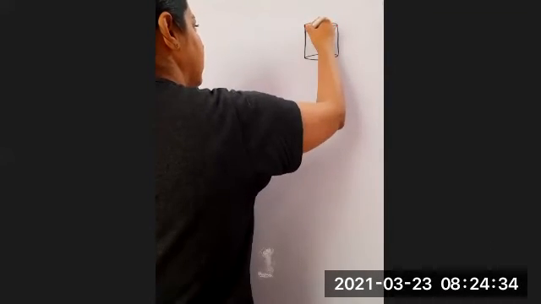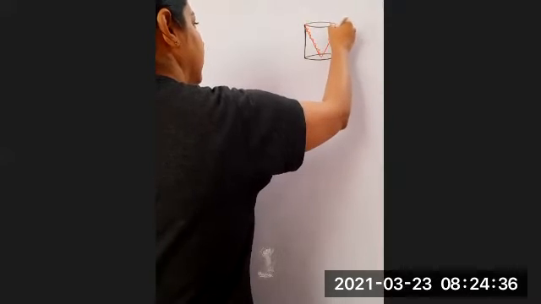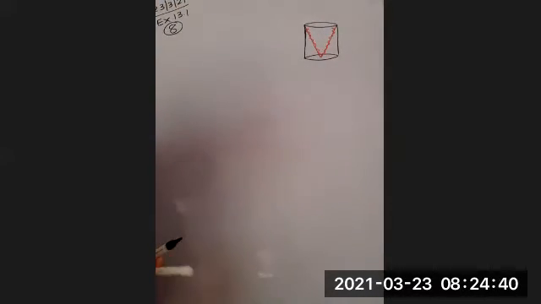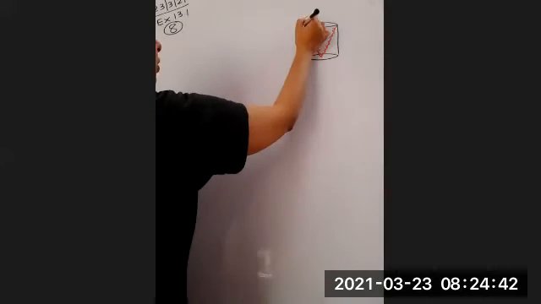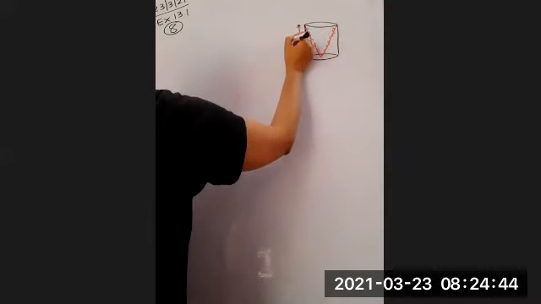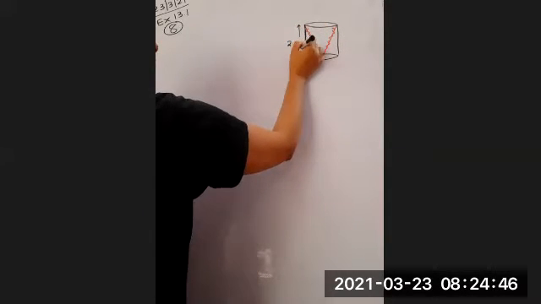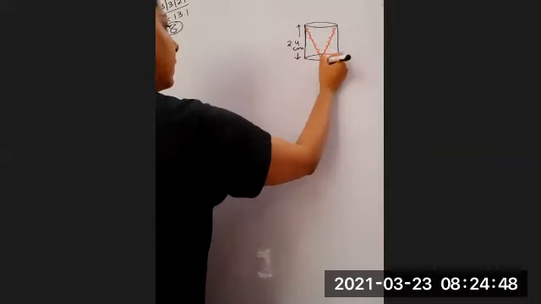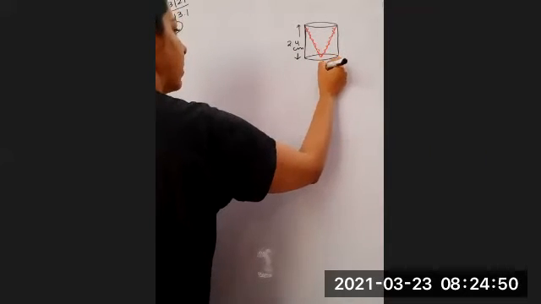This is taken out. The height of cylinder is 2.4 and the radius is 0.7.